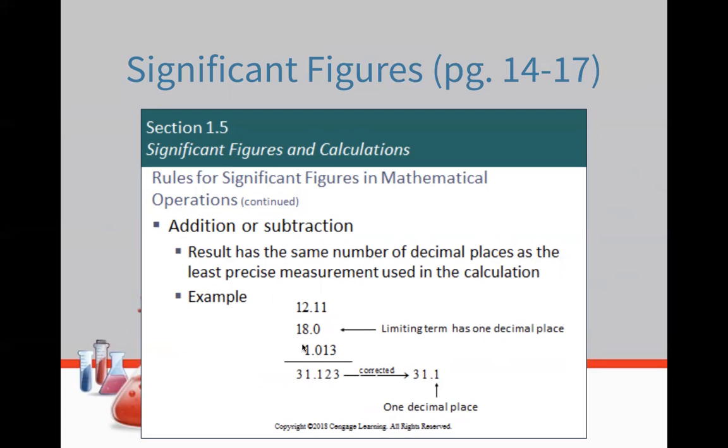It is not, because the least number of decimal places that we have is in 18.0. So we need to round to the tenths, because that is where our last significant figure is. This is a 2, so we're going to round down. That gives us 31.1. The 1 decimal place here mimics the one with the least decimal places in the problem.